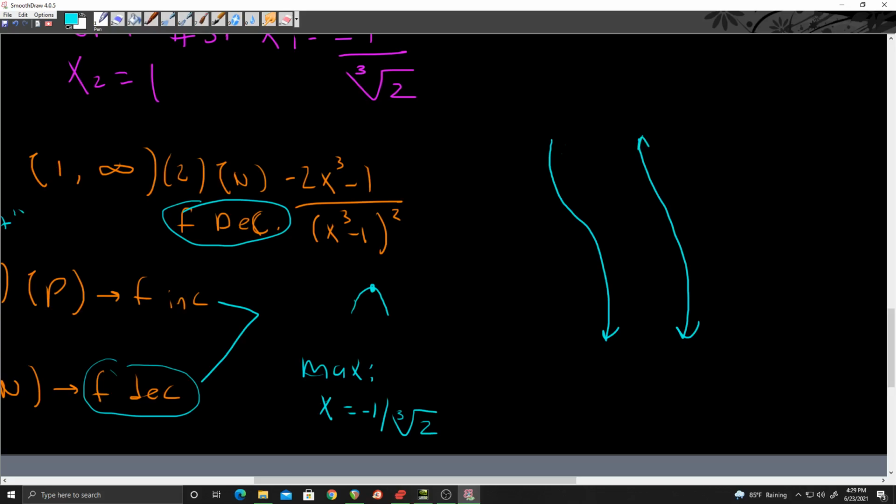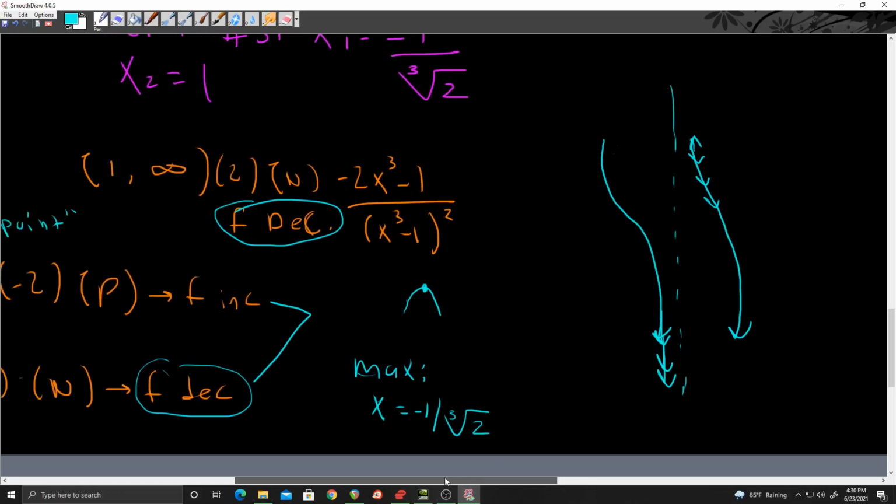If you think about what's happening here, the function's decreasing to the left, and then also to the right. If we go to the right, we're still decreasing. Here's where the thing was undefined, and then to the left we're decreasing, to the right we're decreasing. So something like that happened at x equal 1.